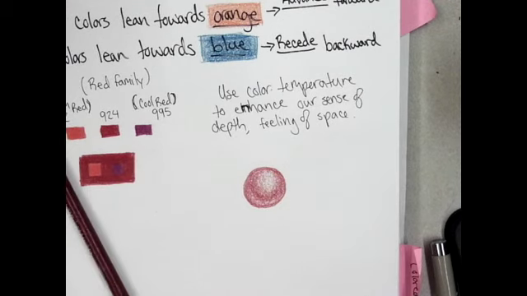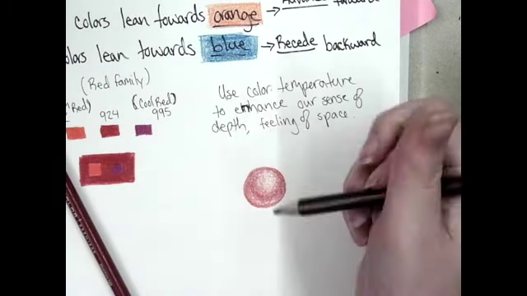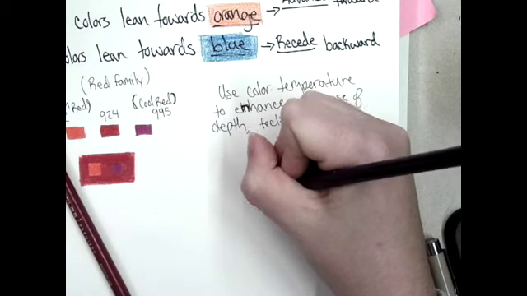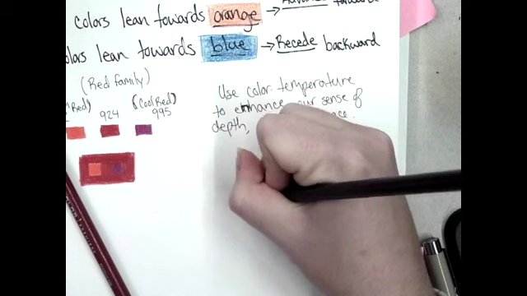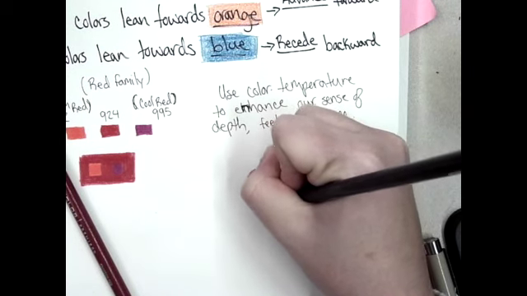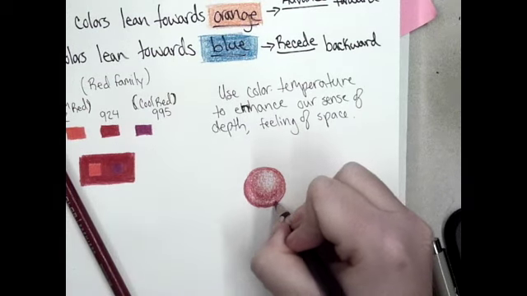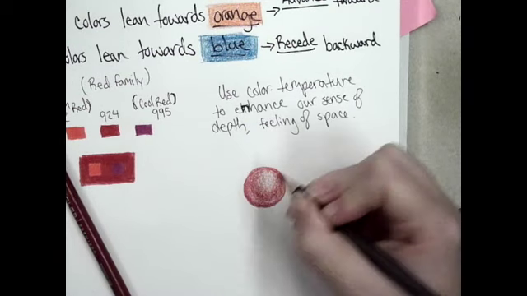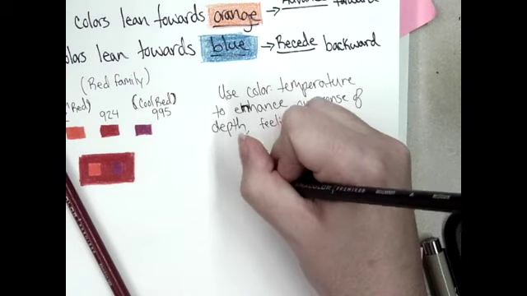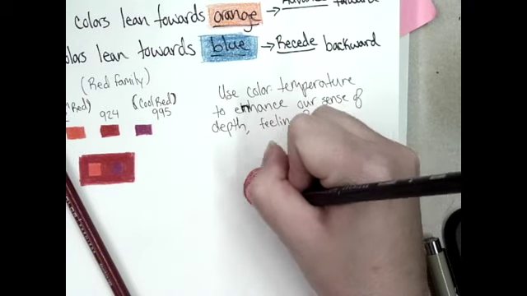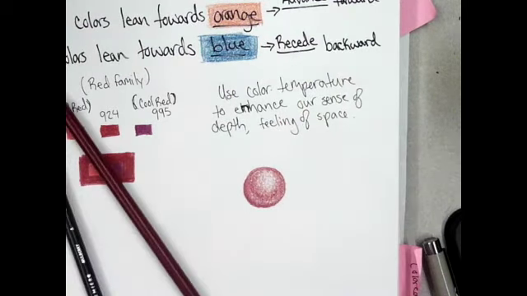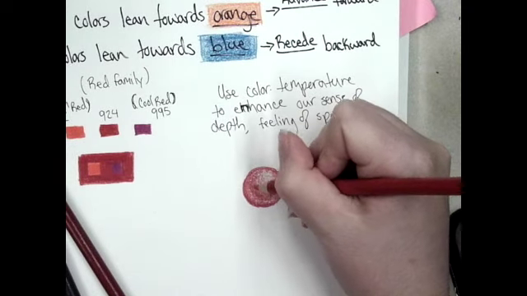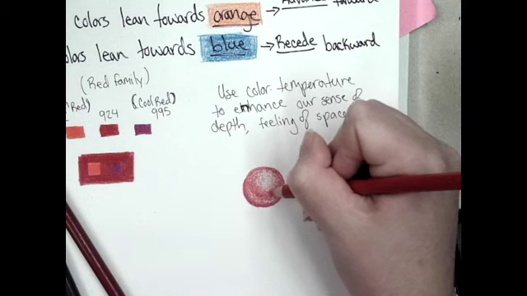And then we can take our cool red, so this is my 995, and I can add that to the farthest away parts, like the very outside edge of that sphere, to tone the temperature of it down. I have an unfortunate scar in my paper at a bad place in my sphere, but it's okay. And then I can use that warmer red on the parts of the sphere that are closer to us, closer to the front and the highlight.